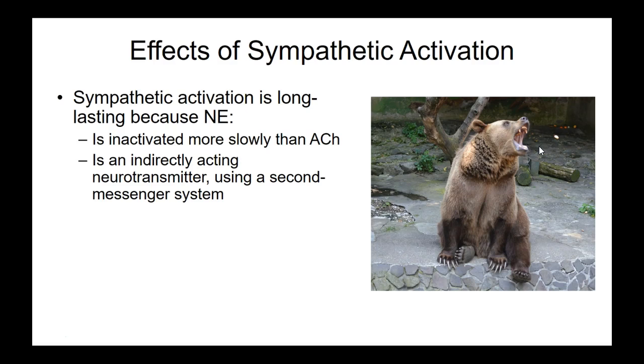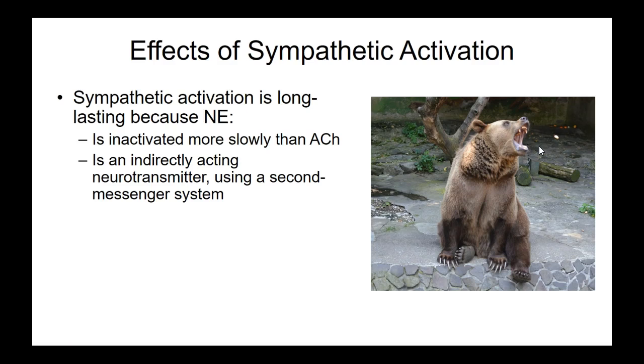Remember cyclic AMP, second messengers in general, but cyclic AMP we'll stick with as an example. They do a lot of things in the cell. They'll turn genes on, they'll turn them off, they'll turn proteins on, they'll turn them off, right? Which means it takes a lot of time to undo all the turning on and turning off of genes and proteins, right? So it takes time for that to be reset.